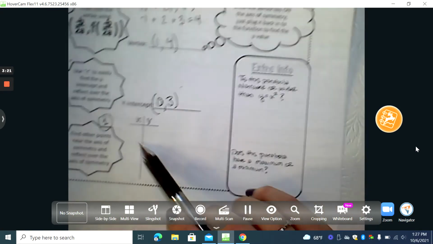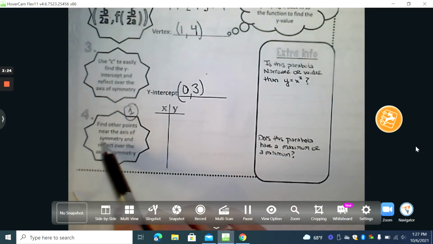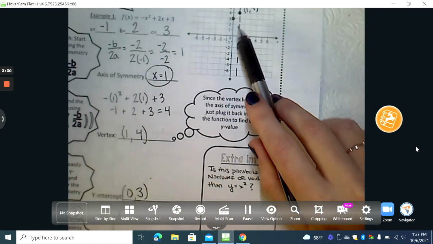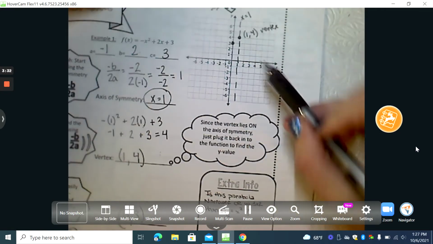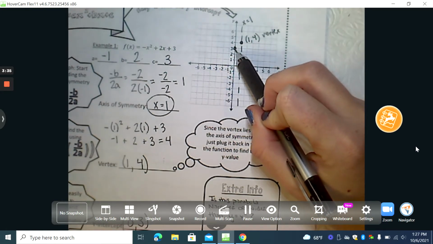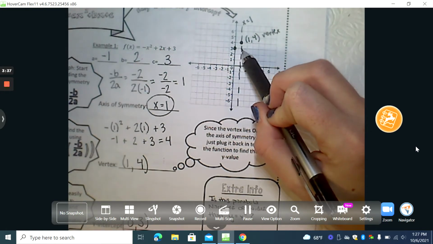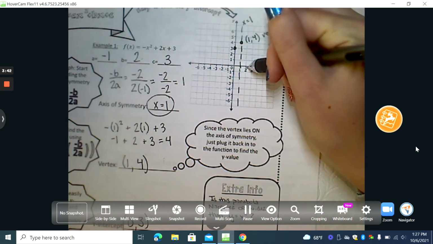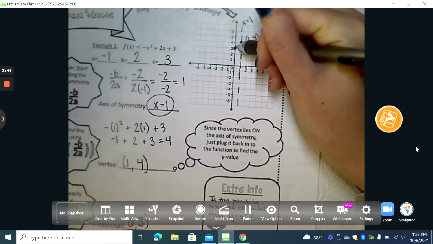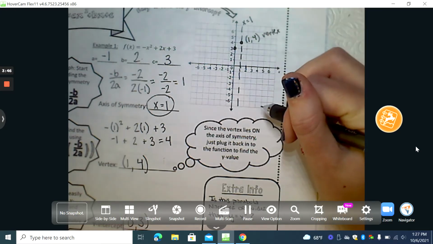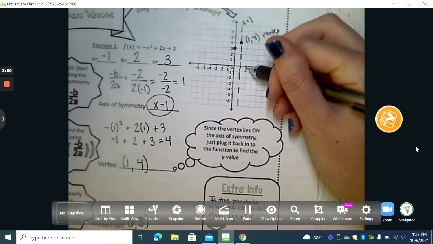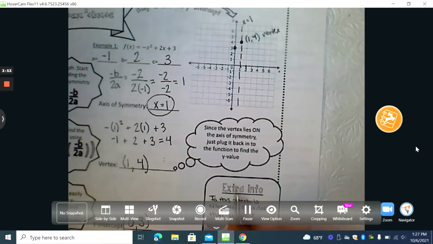One more point that we could graph is a perfect symmetry reflected over my axis of symmetry. If my y-intercept is at 0, 3, it's 1 space away from my axis of symmetry. So let's test and make sure that my other point is reflected across that axis. What happens when I plug in 2 into that function? Do I get 3 as my answer as well?